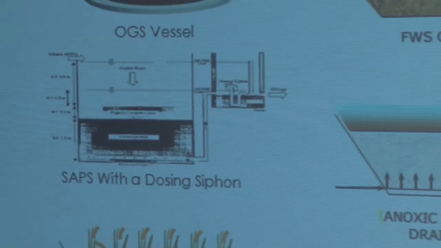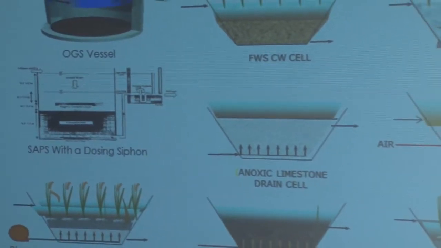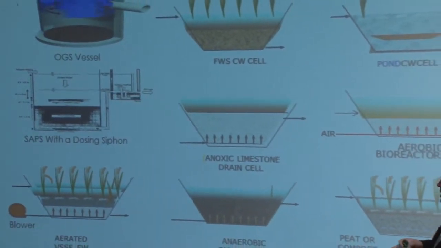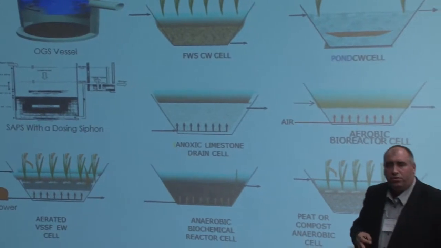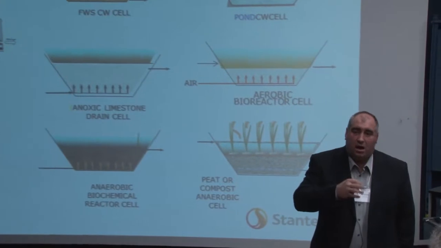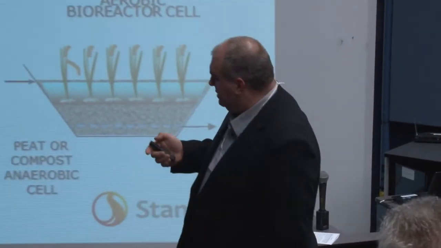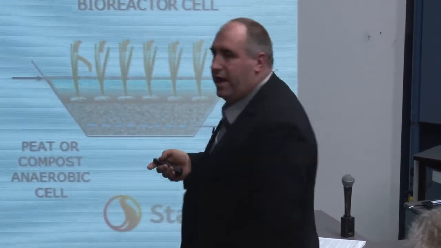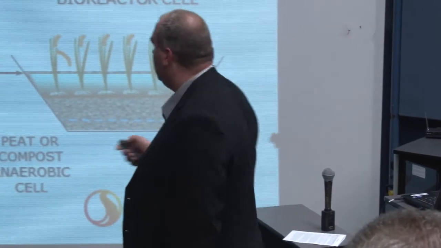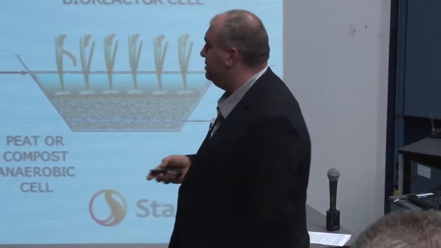And then they're very, very commonly used in iron removal at mine sites. The water will then move through a limestone bed where ARD, acid rock drainage, is neutralized. And then subsequently they can be moved to a biochemical reactor where the sulfate can be reduced. So that would be an example of a treatment train type system.